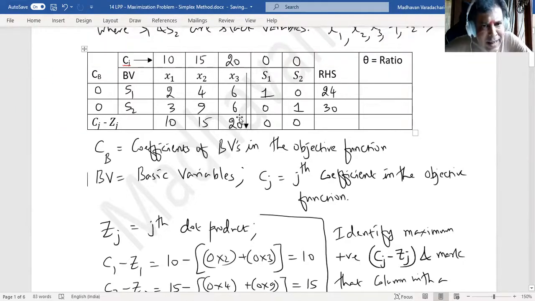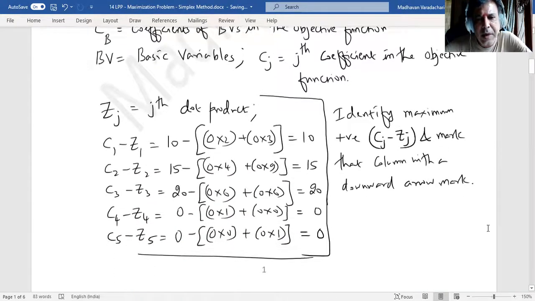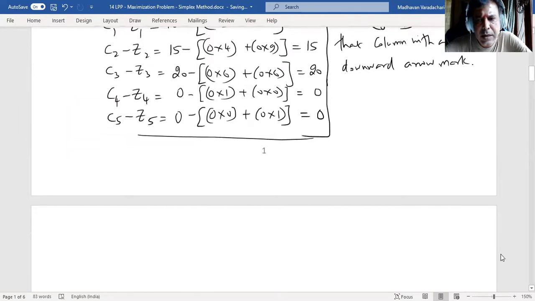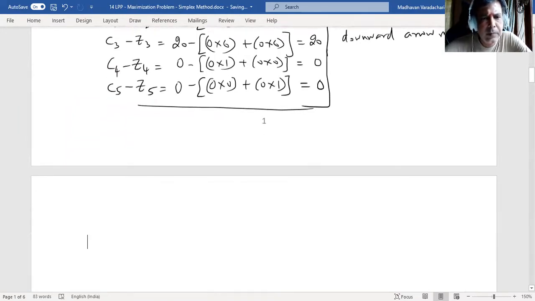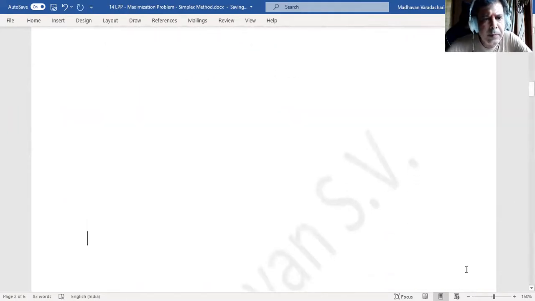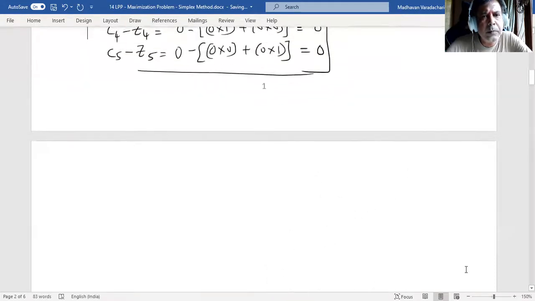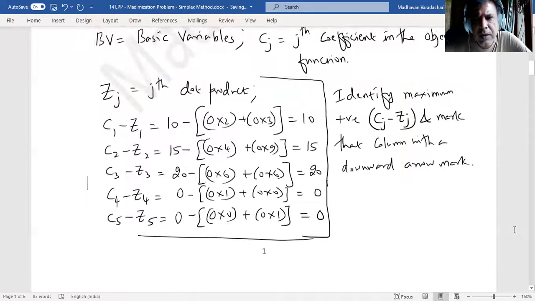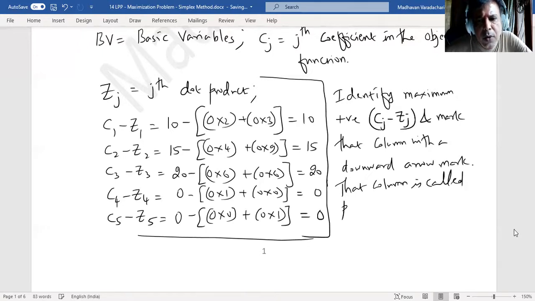What do I mean? This indicates that this x3 becomes your incoming variable in the subsequent table, right? Now, first of all, that column is called pivotal column, or another name for it is key column.